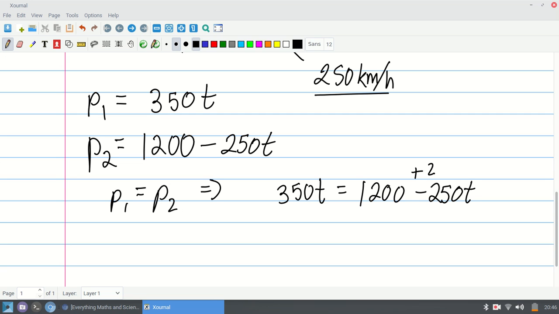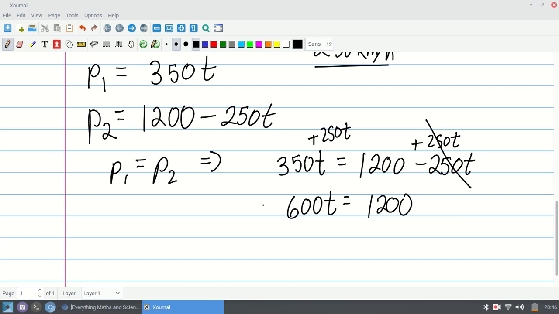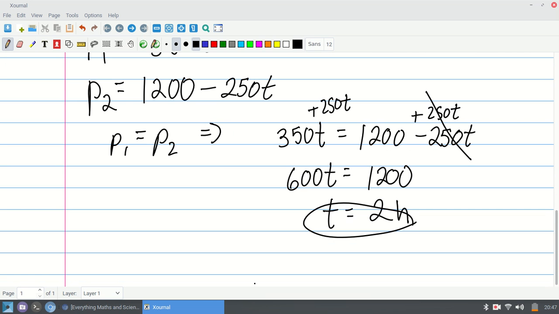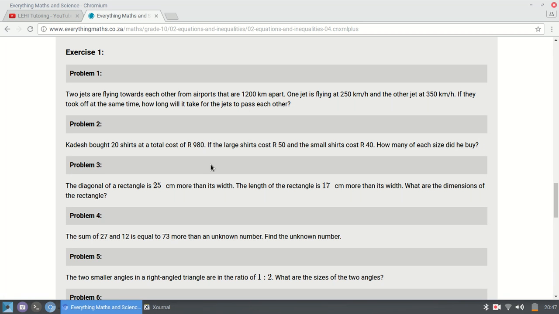If I add 250t to both sides, I will get 600t over here equal to 1,200 over here, because these guys cancel. And so it will take 2 hours. 2 hours for them to finally pass each other. So that's that question. I hope that's okay.